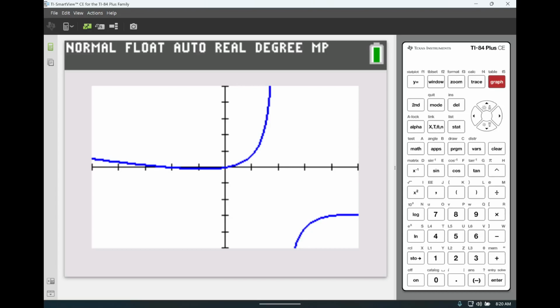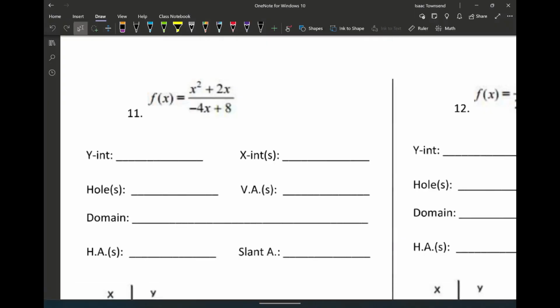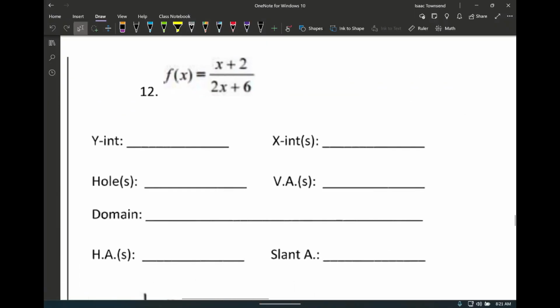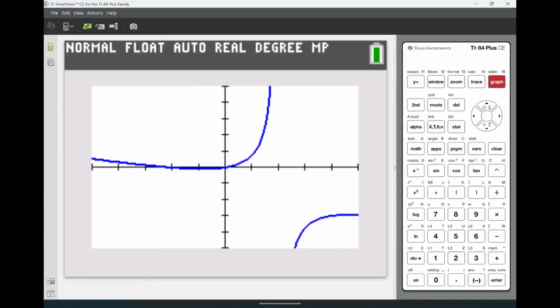Okay, I think this was number 11. Any parts of 11 you'd like me to go over to help you see where this graph came from? Okay, then I'll do the same thing with 12.